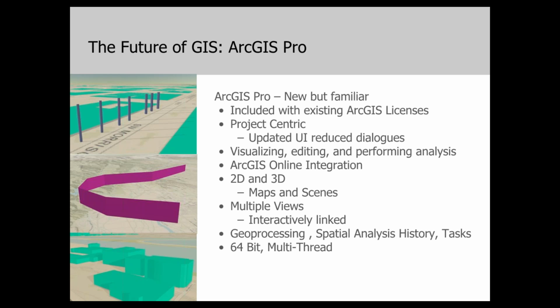So a couple things about ArcGIS Pro is that it is included with your existing ArcGIS license. So that's some great news, because you're not having to pay for new software. It's similar to ArcGIS Online. If you have a license for ArcGIS Pro, you can also use this piece of software, and you're going to do the licensing through ArcGIS Online.